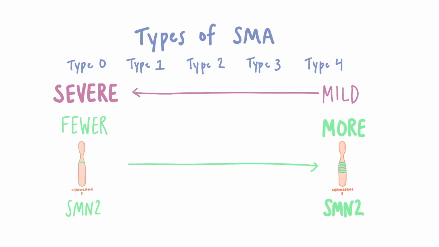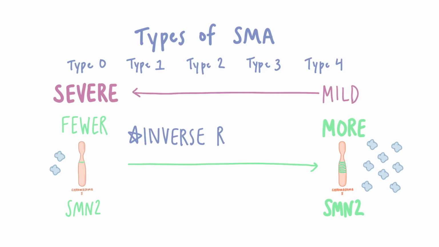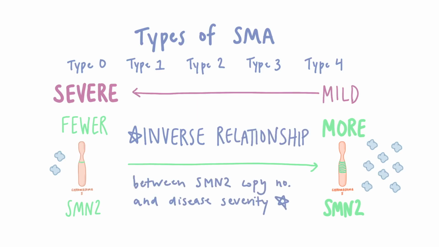This is because the more SMN2 copies a person has, the more functional SMN protein is produced to maintain healthy motor neurons. Therefore, there is an inverse relationship between SMN2 copy number and disease severity. The more SMN2 copies a patient has, the less severe the SMA course likely will be.